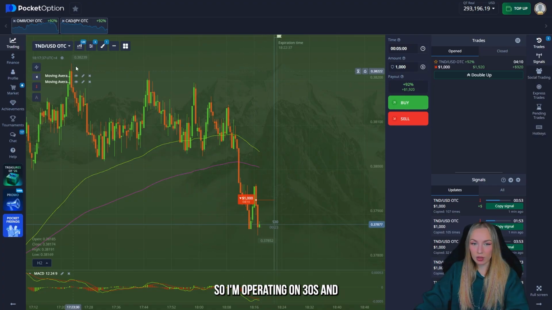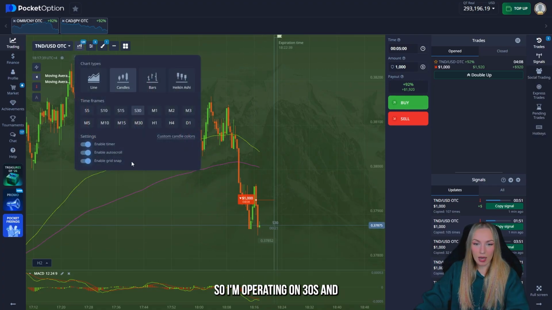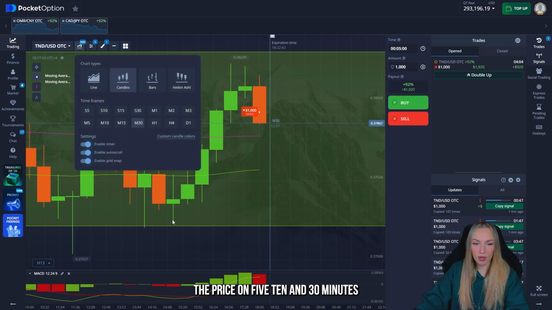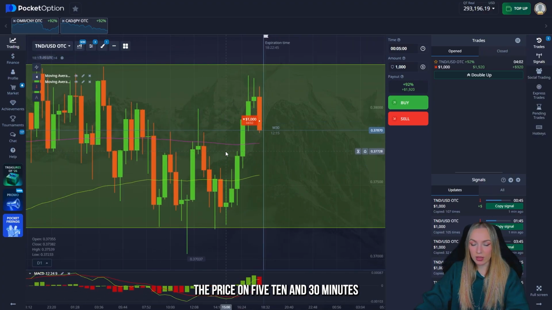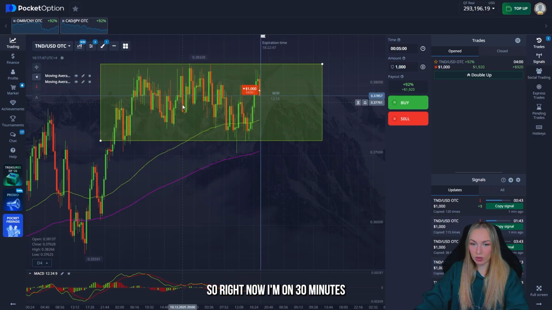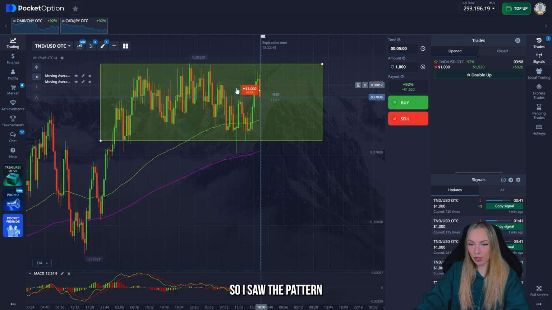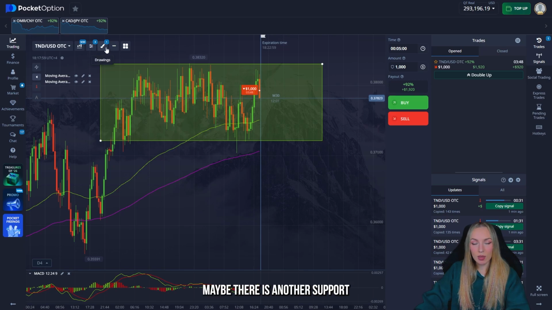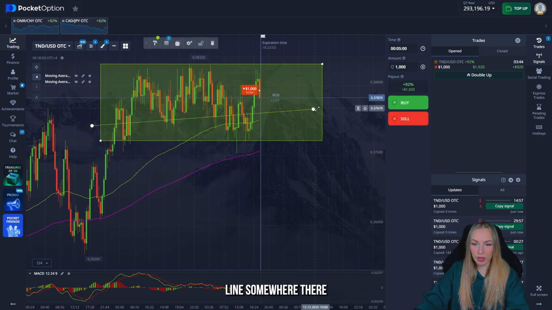I'm operating on 30 seconds and I'm checking the price on 5, 10 and 30 minutes. Right now I'm on 30 minutes, so I saw the pattern that our price repeats during this time. As you can see, it goes up, touches the resistance line, then goes down. I would say maybe there is another support line somewhere there.